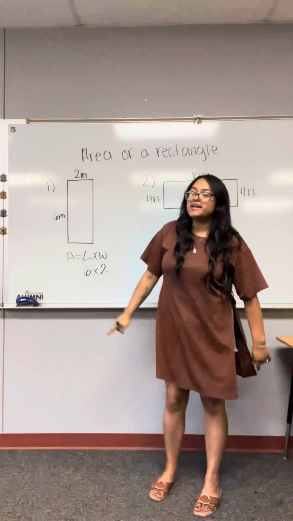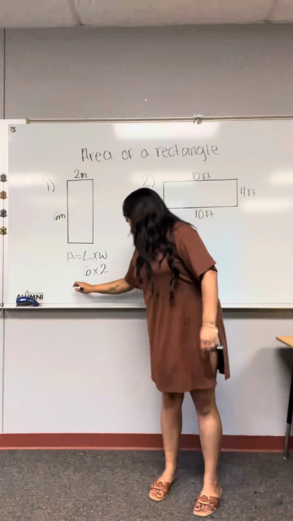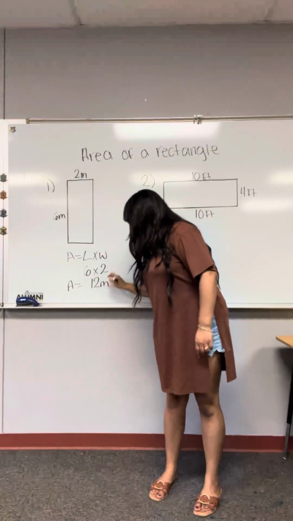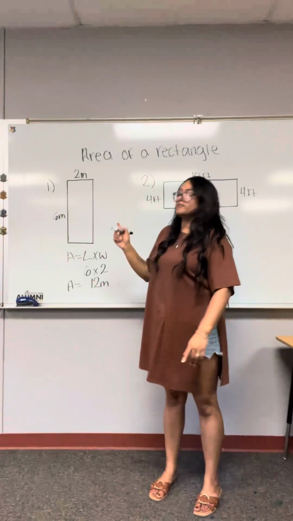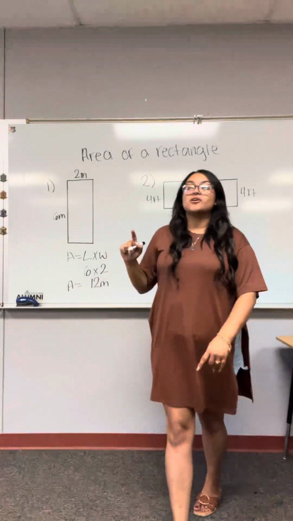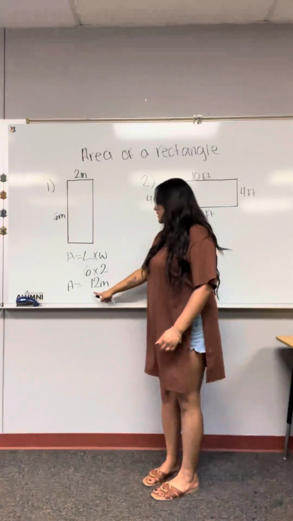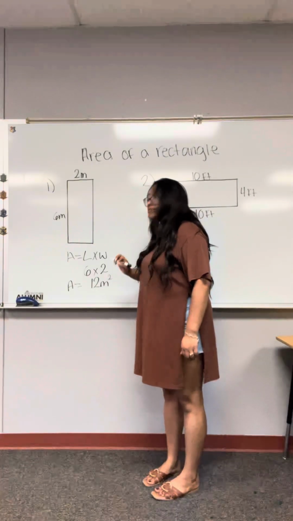Now that we have plugged in, we have 6 times 2, which means area equals 12 meters. But we cannot forget that area is also in square units. So our area is actually going to be 12 meters squared.